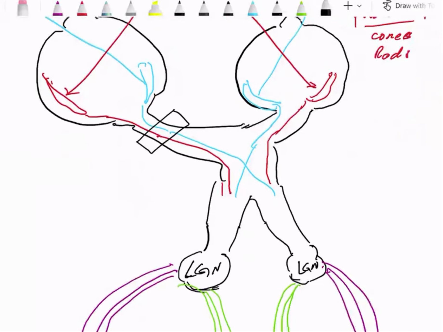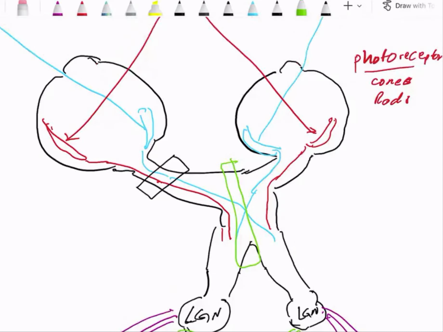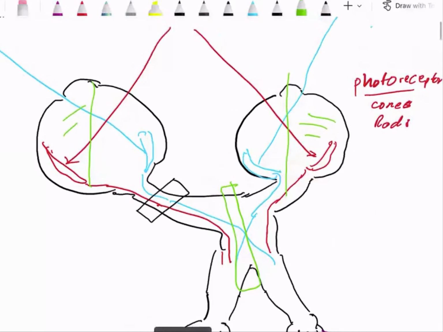If the problem is in the optic chiasm, then we will lose half of the visual field. Both temporal halves of the visual field will be lost, and this will be called bitemporal hemianopsia or tunnel vision.